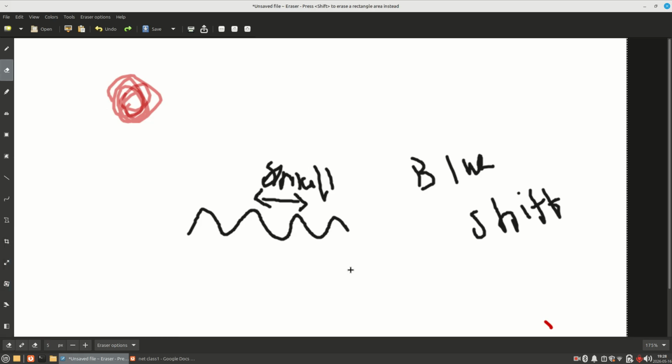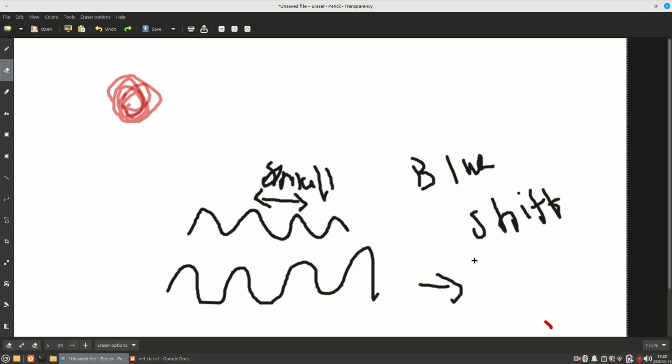Or if the wave is coming at a lower frequency, higher wavelength, this is called red shift, which is the main agent of the Doppler waves.